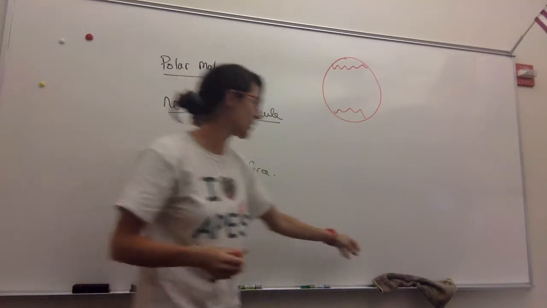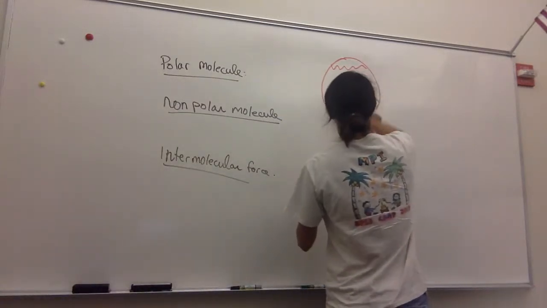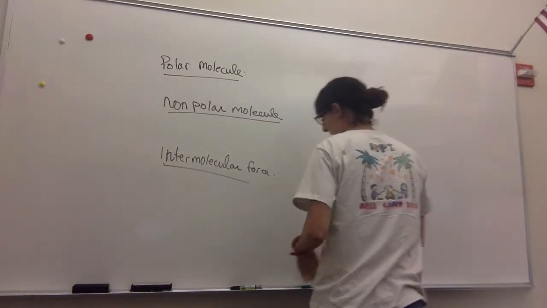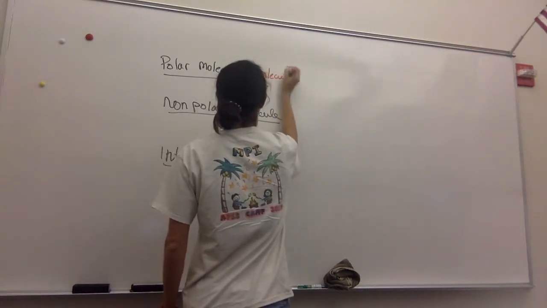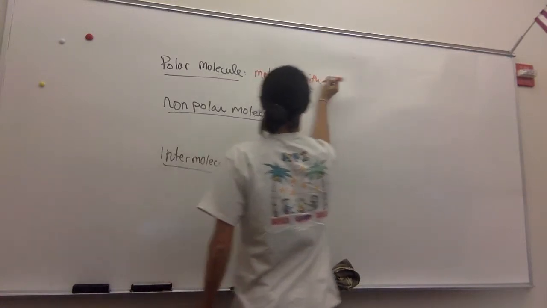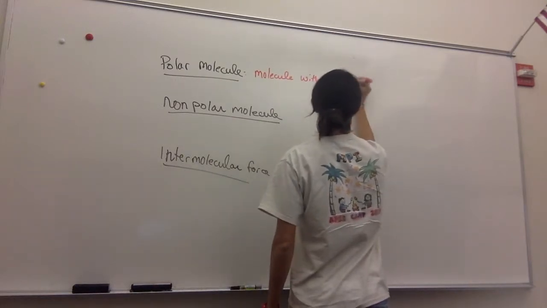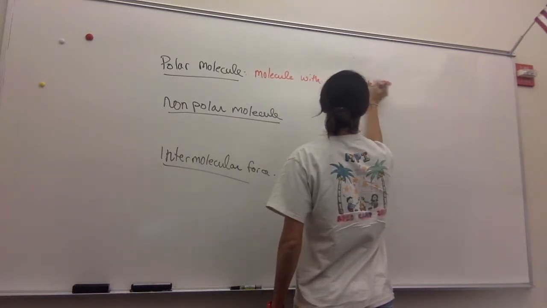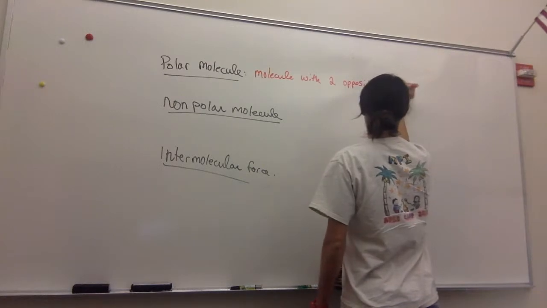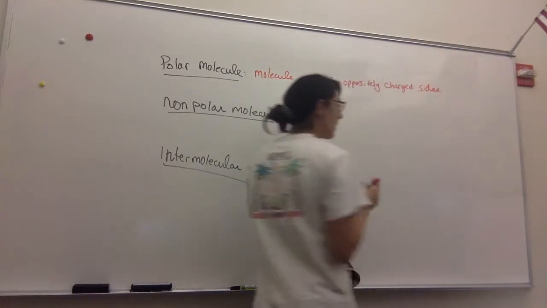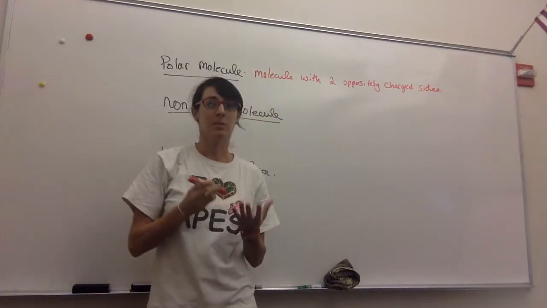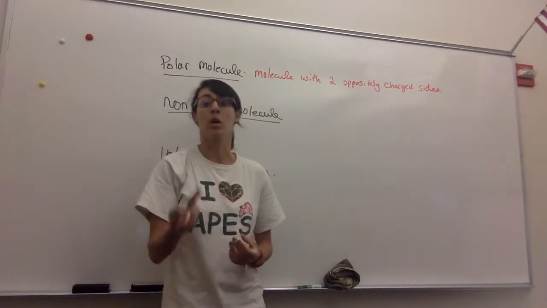Let me give you some examples. Polar molecule: molecule with two oppositely charged sides. I have talked about this a little bit with water molecules.